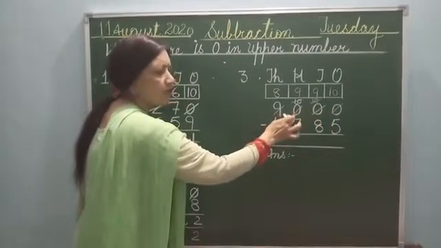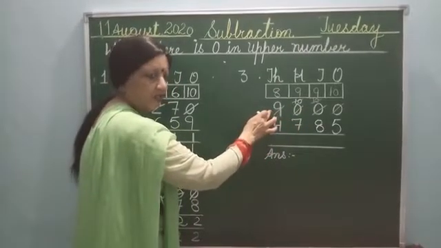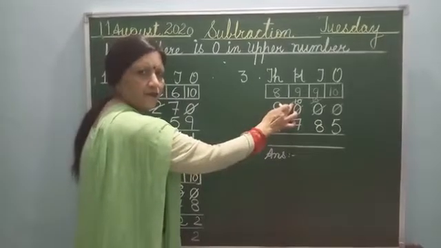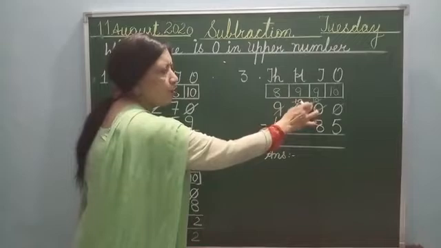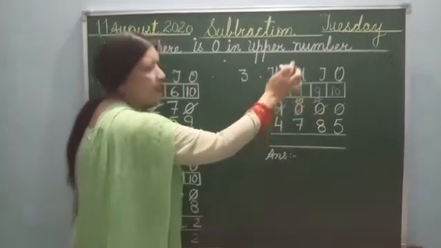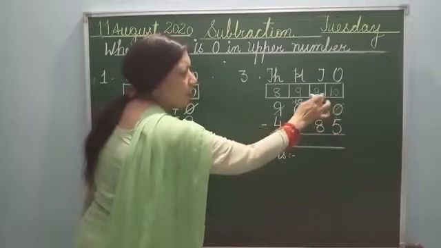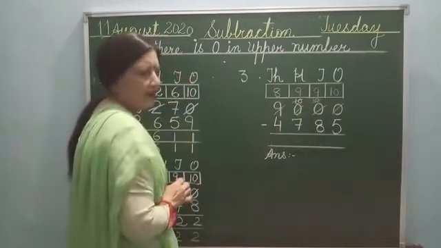Second will borrow from third. Third 0 will borrow 1 from 9. It will become 10. Clear bache? It will give 1 to next 0. It will become 9. This 10 will give 1 to first 0. It will again become 9 and first 0 will become 10.